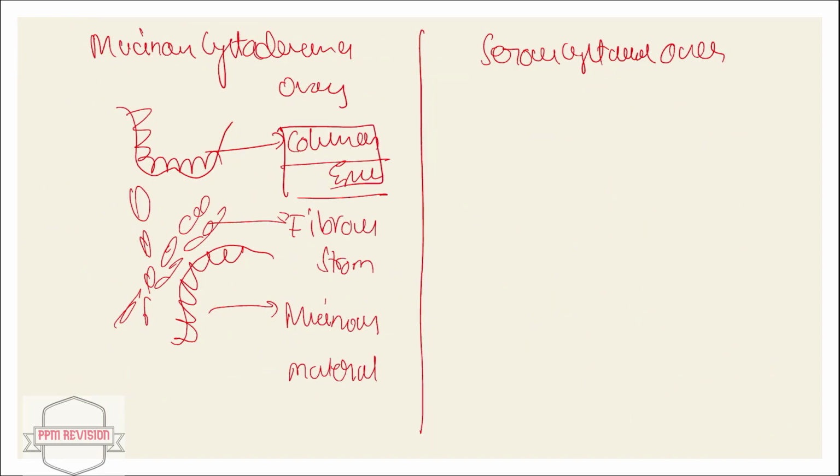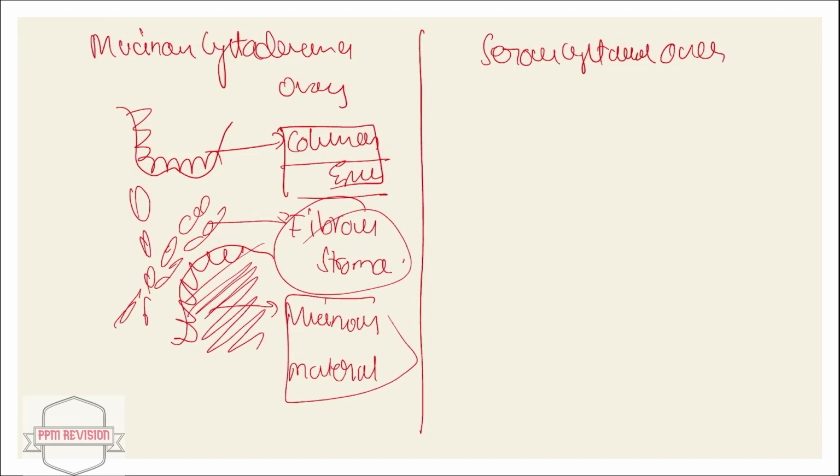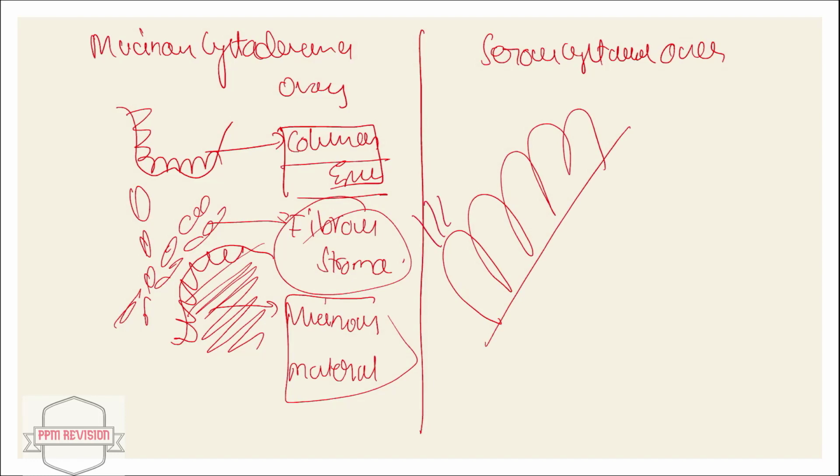You can see columnar epithelium in the center, then the fibrous stroma, and then the mucinous material. It's a simple and easier diagram. And here what you're seeing are tall columnar cells, and they are ciliated.